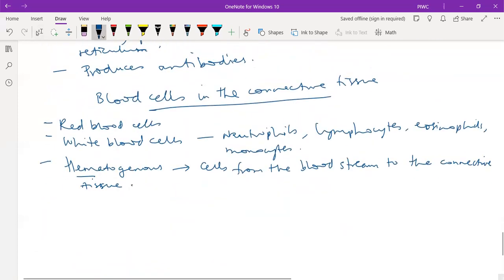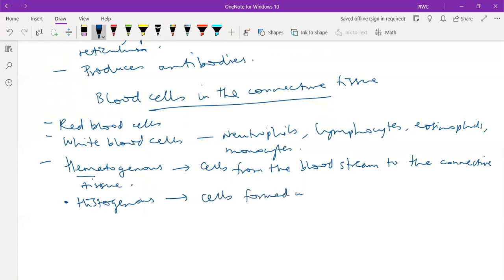And those that originate from within the connective tissue, those formed in the connective tissue, are histogenous. Histogenous cells. Cells formed in the connective tissue.